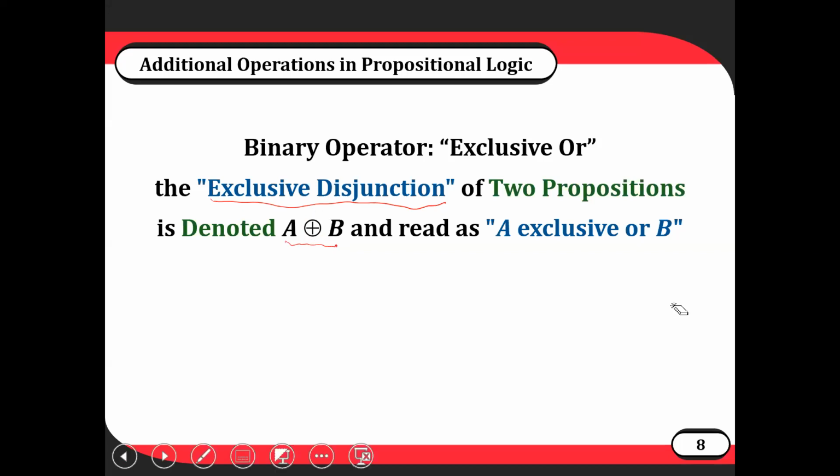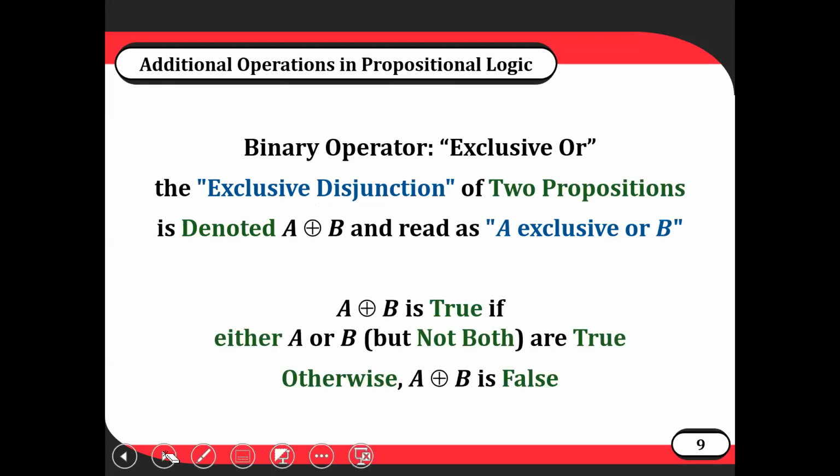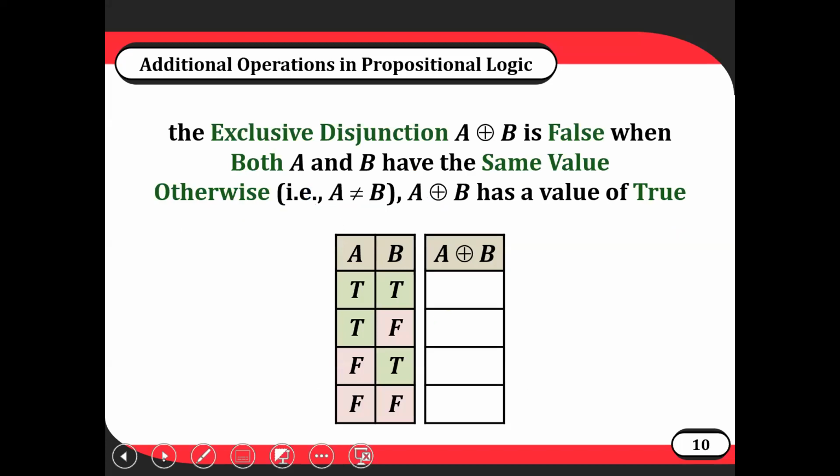Okay, that should be fairly straightforward. A exclusive OR B is true if either A or B is true, but not both of them. Otherwise, A exclusive OR B is false. Again, we can show every possible combination of values for A and B in our exclusive OR operator.